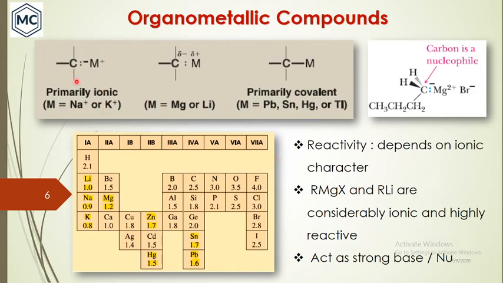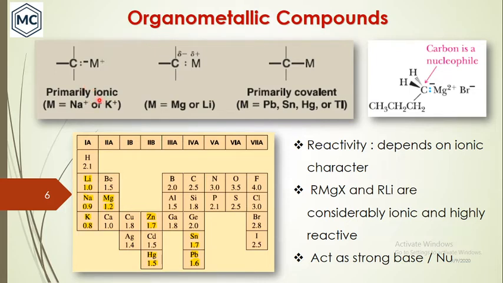And what about the type of bond in organometallic compounds? When carbon is attached to metals like sodium or potassium, the carbon has very high electron density, and this will be largely ionic and highly reactive.